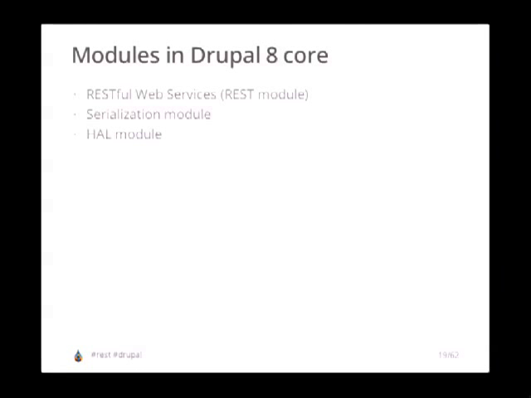Four more or less interconnected web services modules in Drupal 8 core that you can use to provide web services on your site, so that you know what you have to enable on a Drupal site. There is a patch already that creates a web services package to group those modules together. So I think that will land in the next days. And then it's more clear what you can use in Drupal 8 core for web services.